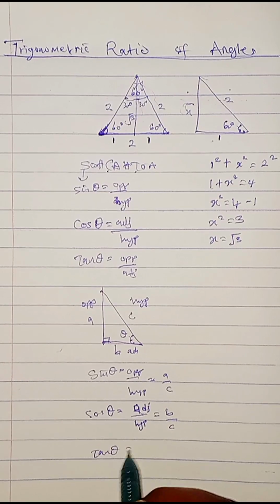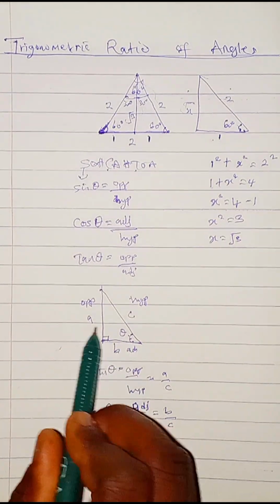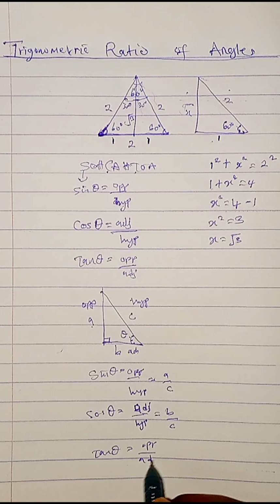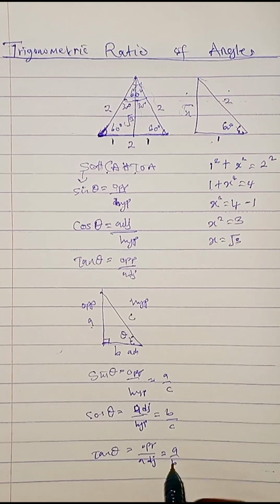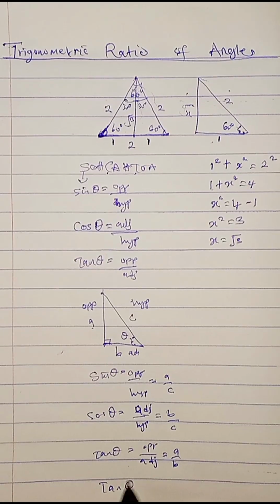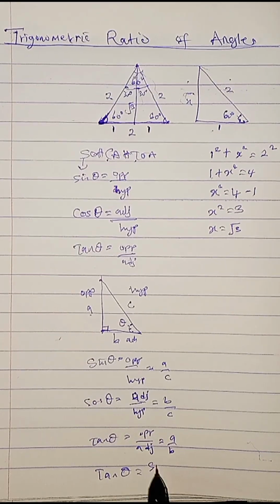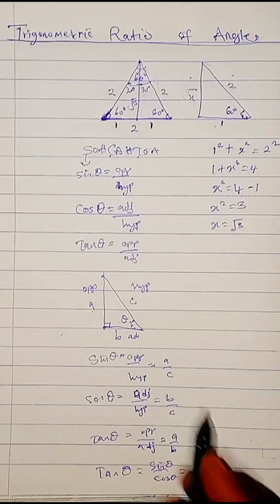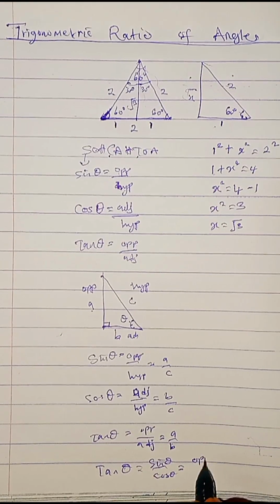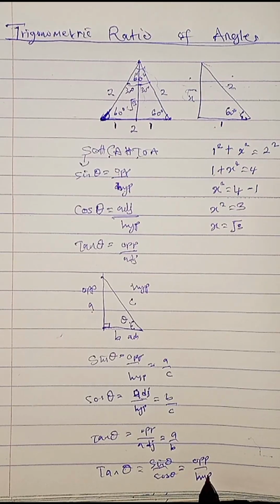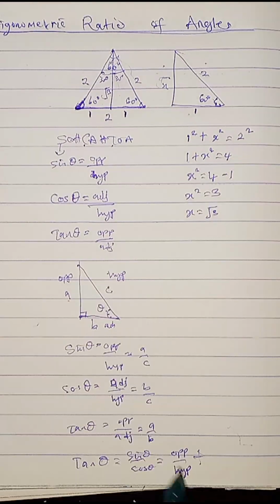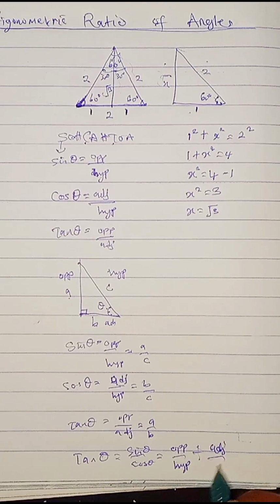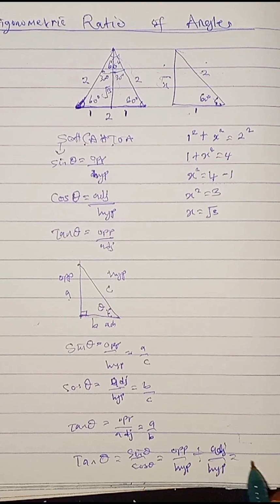The tan theta is what? Opposite over the adjacent, which is opposite over B. Or you can also say tan theta to be sine theta over cos theta. What is sine theta? Opposite over hypotenuse, divided by cos theta, which is adjacent over hypotenuse.